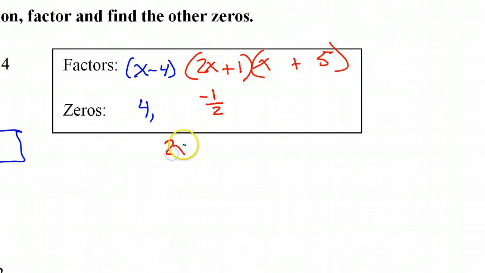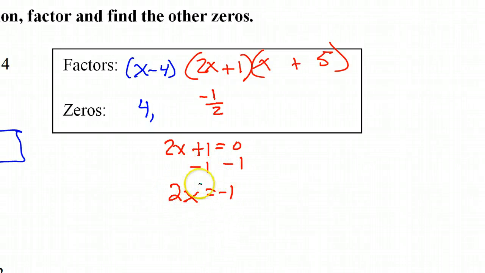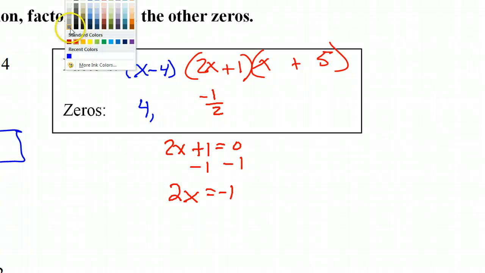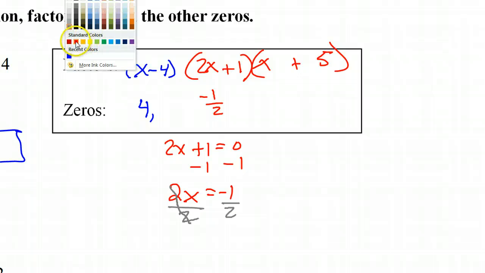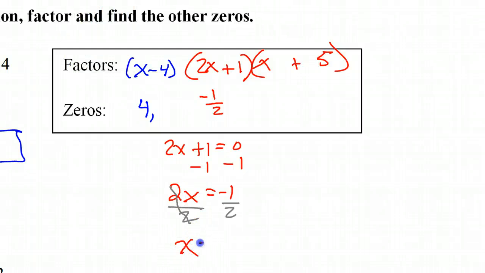I'm getting that by taking 2x plus 1 and setting it equal to 0, like this. Then I would divide both sides by 2. So that's how I got the negative 1/2. And this is going to give me negative 5.